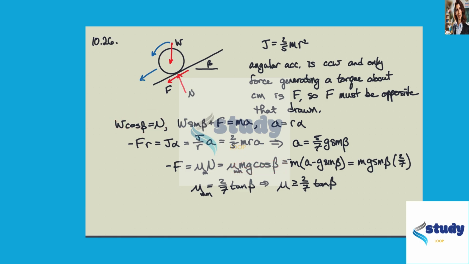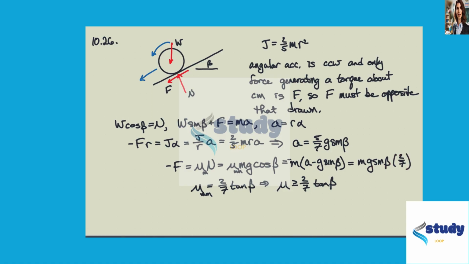And F from here: minus F is minus m times (a minus g sine beta) from here. Simplifying this, we get mg sine of beta times 2/7.